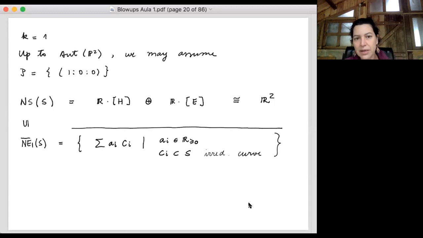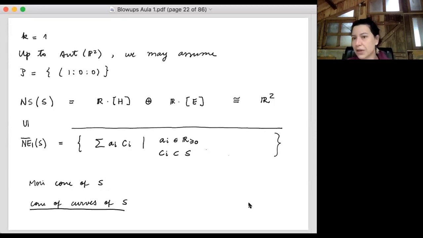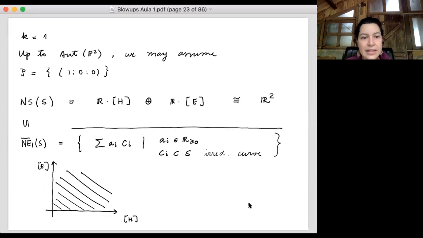So we take some finite effective linear combination of curves, but then we usually have to take the closure of this cone to get something closed in this case, in R2. And so this is usually called either the Mori cone of the surface S or the cone of curves of S.